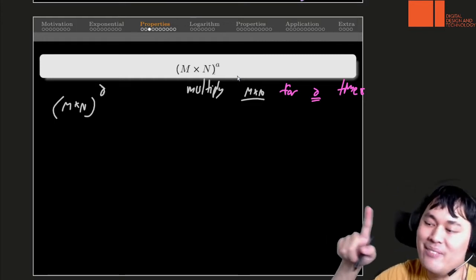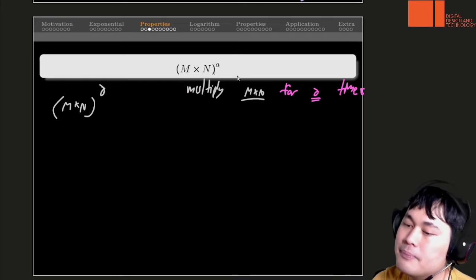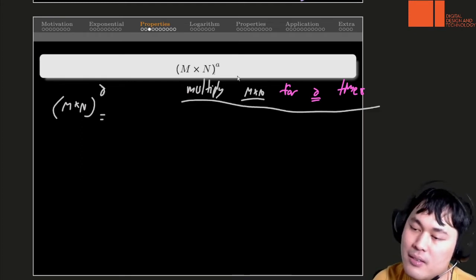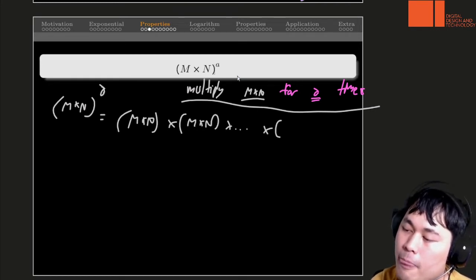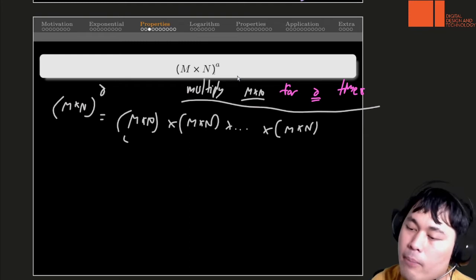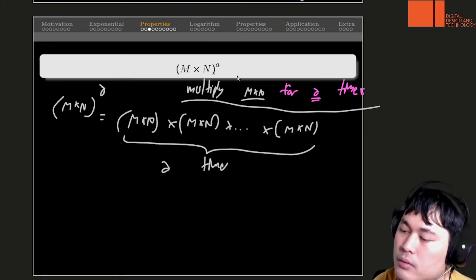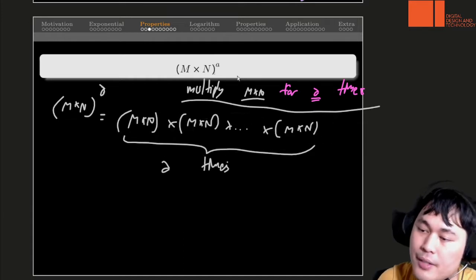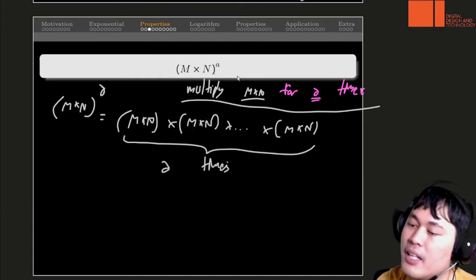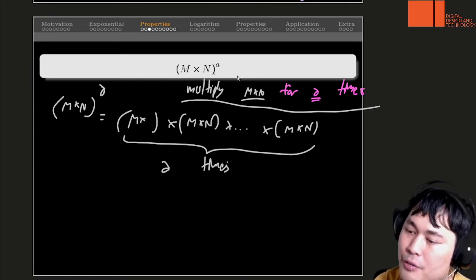Not a single time, but a times. That definition can be translated into this notation. You have a copies of m times n. You have m times n times m times n times m times n, and so on and so forth.